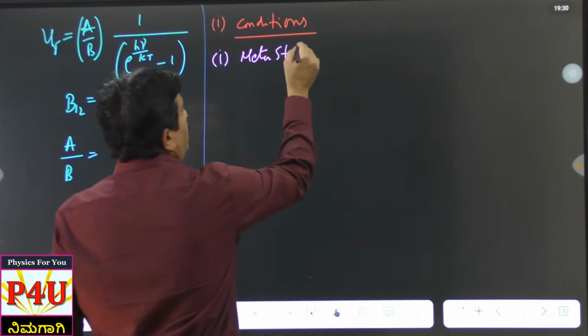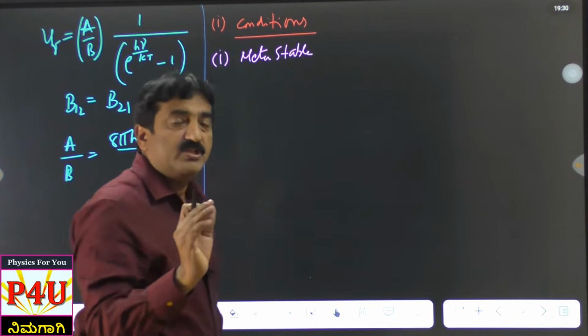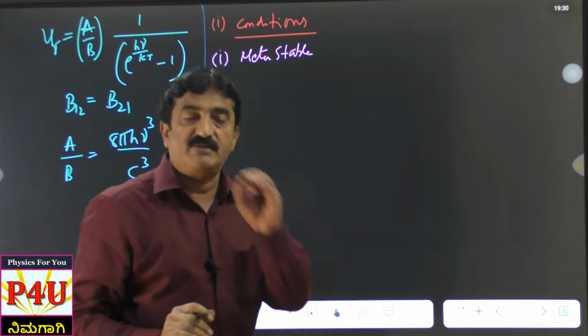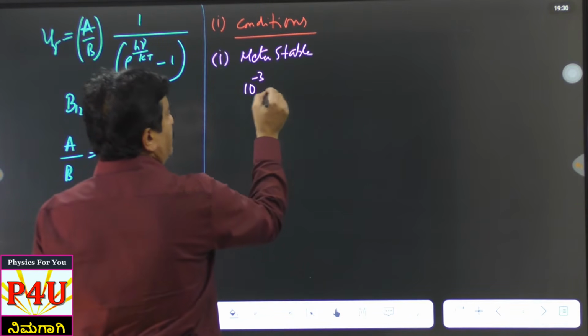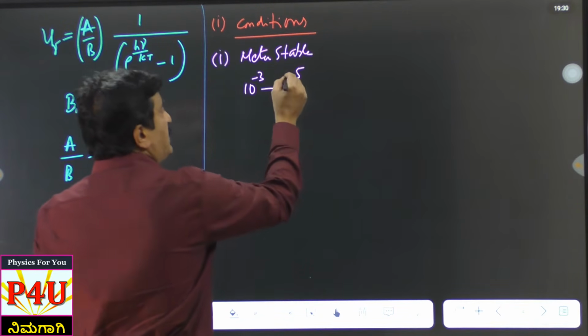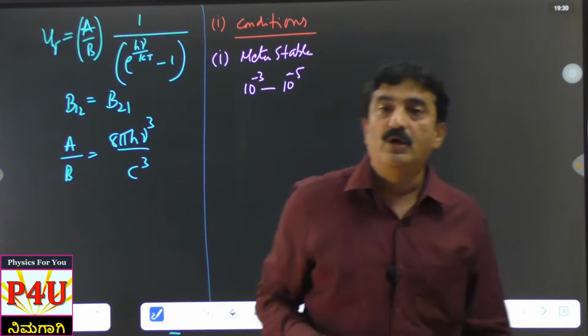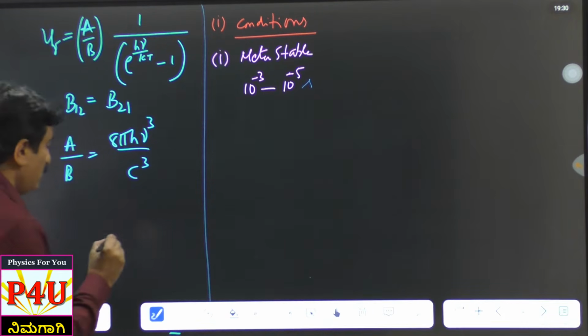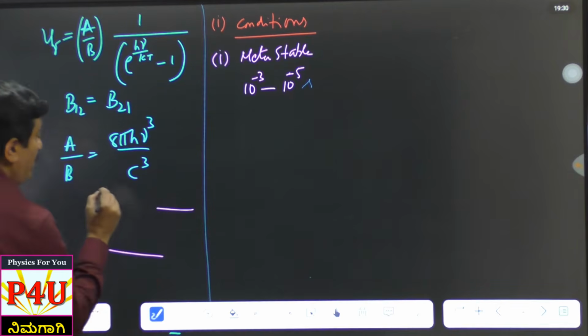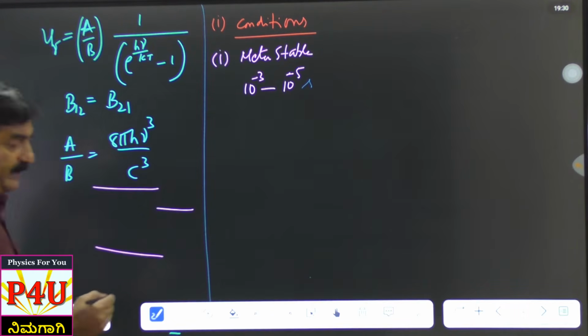So for the metastable state requirement, you just give a one or two line explanation. What is a metastable state? It is an energy level whose lifespan is somewhere between 10 power minus 3 to minus 5 second. Compared to the ground state, it is stable, and compared to the excited state, it is metastable.